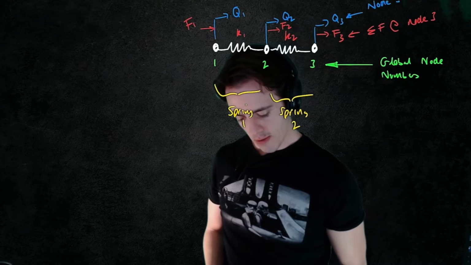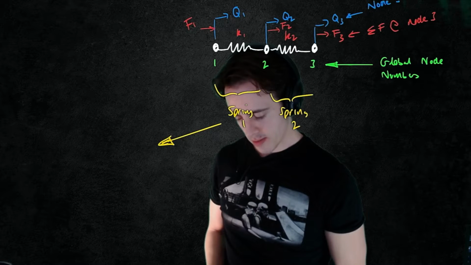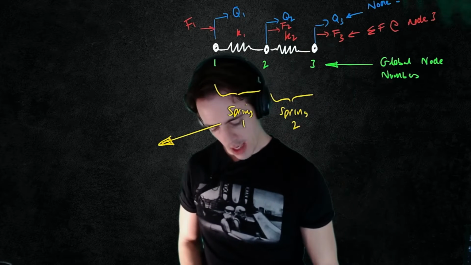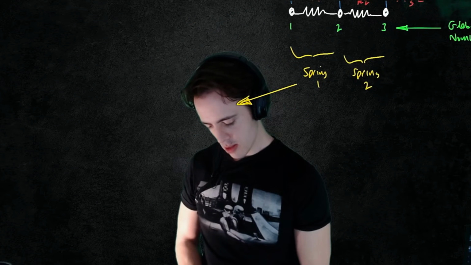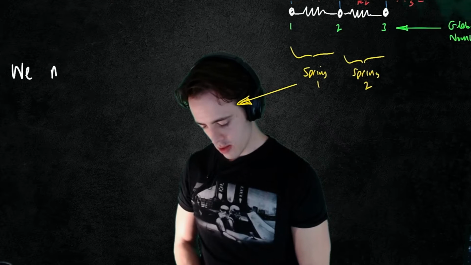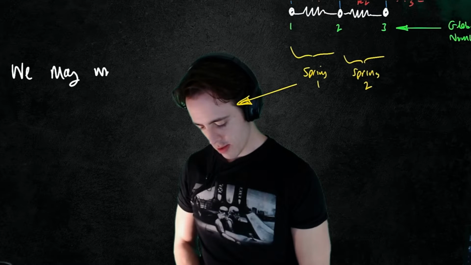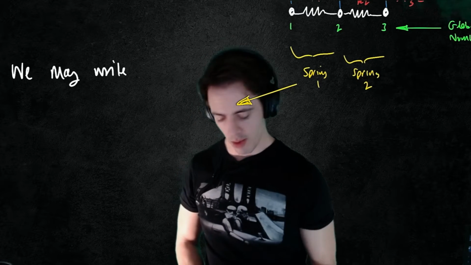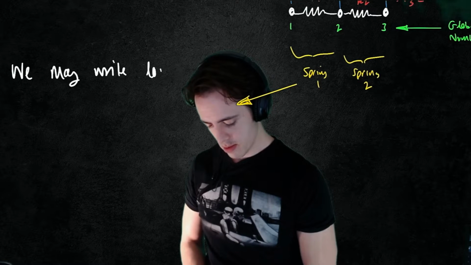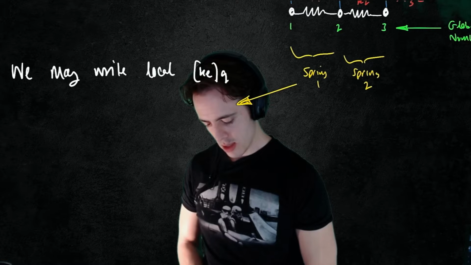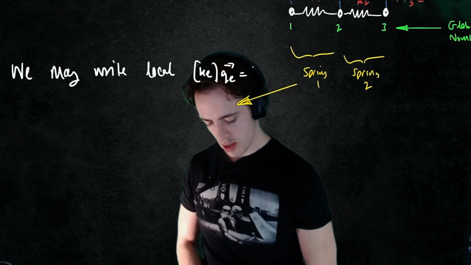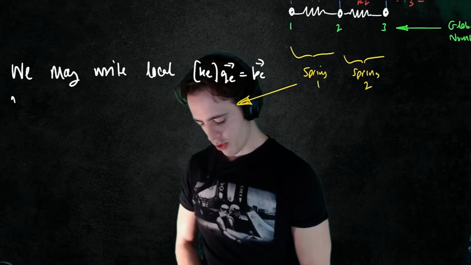Let's say for spring 1 we may write local k q equals p for each of these. It's going to be k^e, lowercase q^e, is equal to p^e for spring 1.